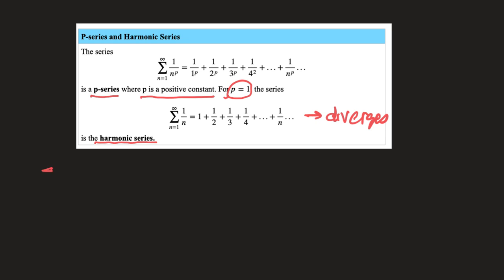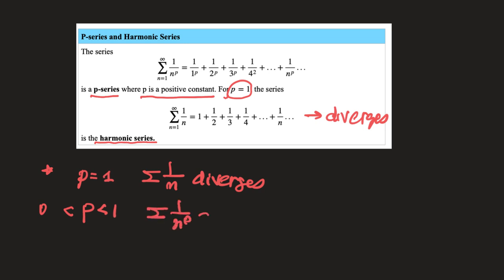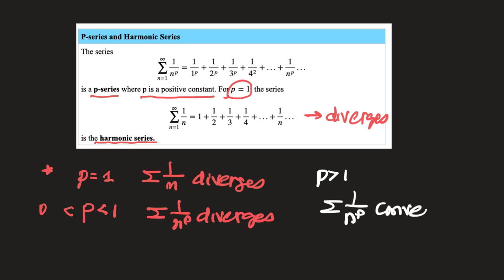Here is the idea: if p is 1, the harmonic series diverges. If p is between 0 and 1, this also diverges. But if p is greater than 1, the series converges. That's a very important p-series.